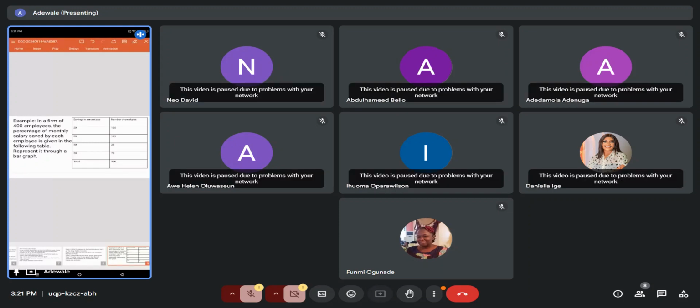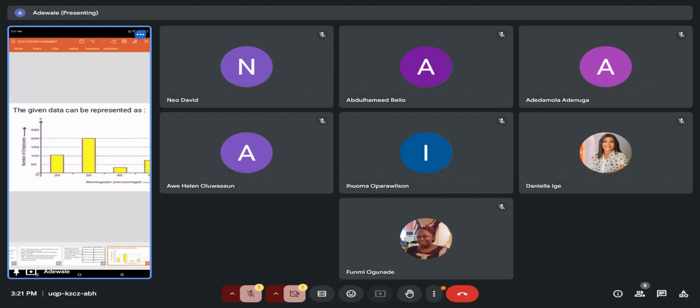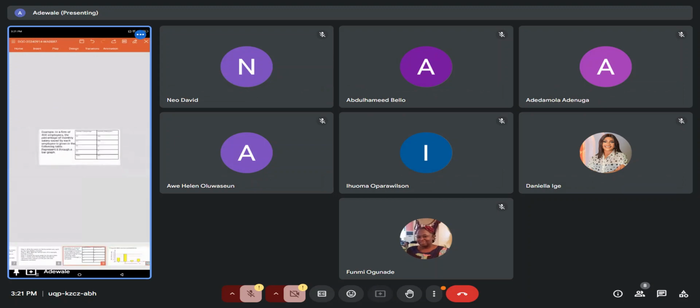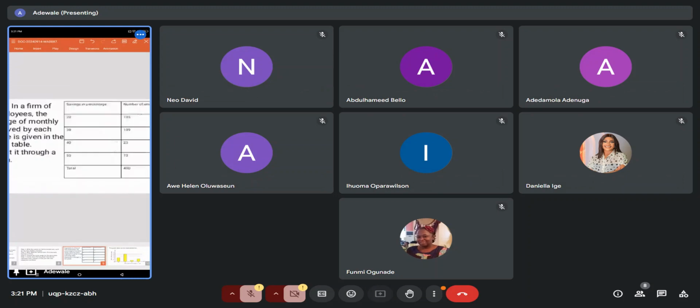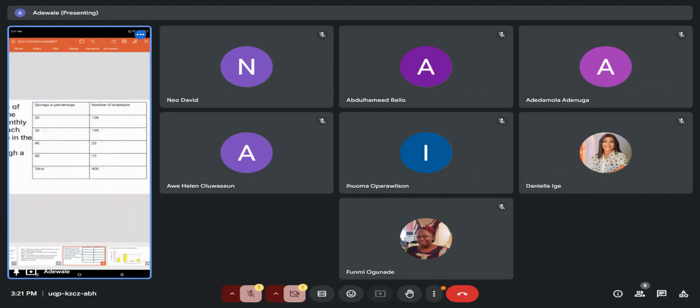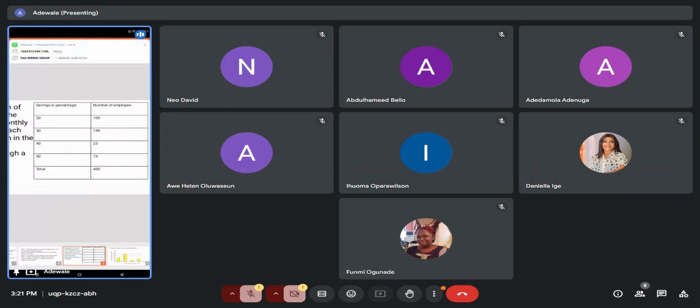How many people saved 40%? So this particular table shows us the savings in percentage and the number of employees.